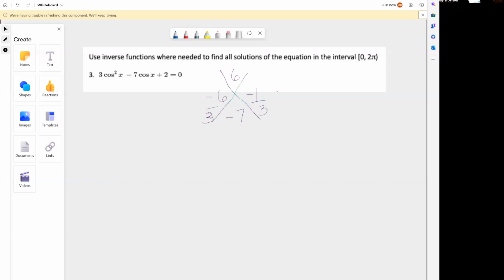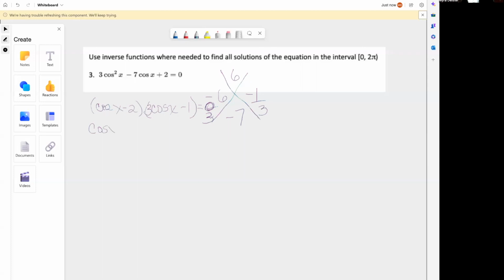Okay. So it's definitely factorable. I get cosine x minus 2 times 3 cosine x minus 1, oopsies, forgot about the 3. Okay, and that's going to equal 0. All right.